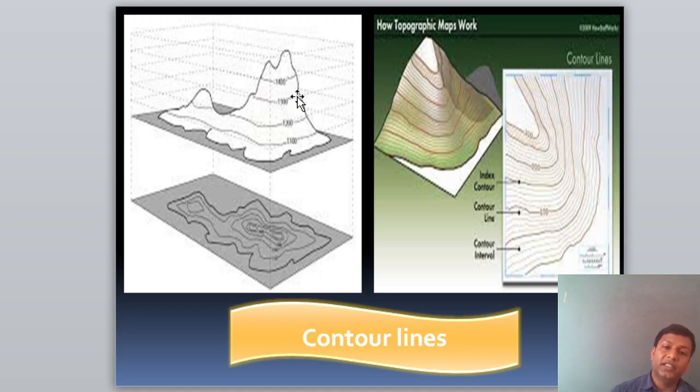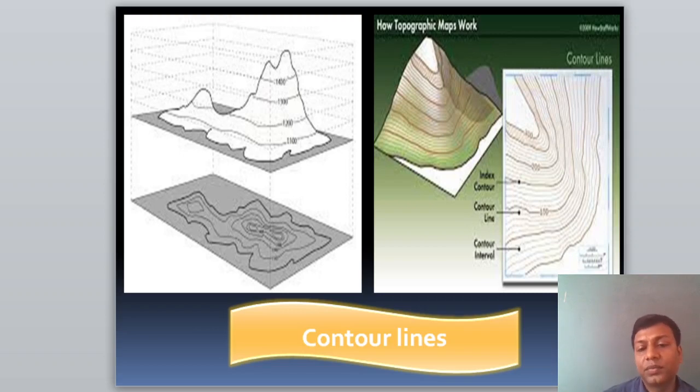As you know, this is the hilly area, and below this three-dimensional figure I have a sheet of paper drawn showing the conical shape and the height of this topographical sheet. Like this, we also have other contour lines.